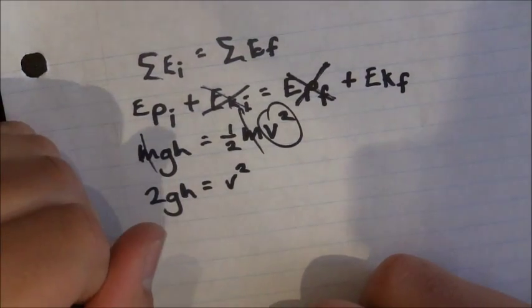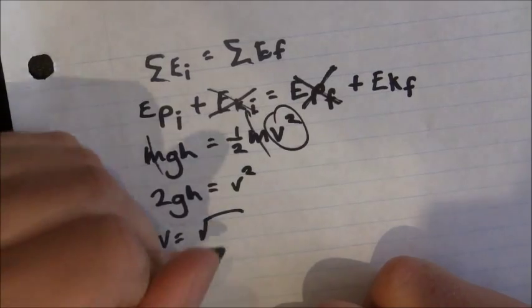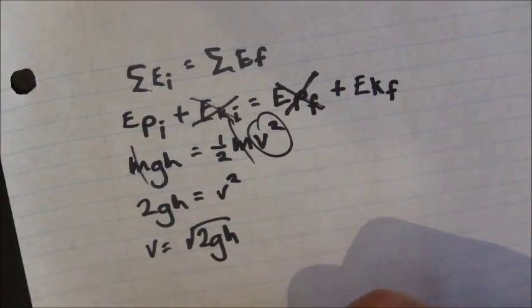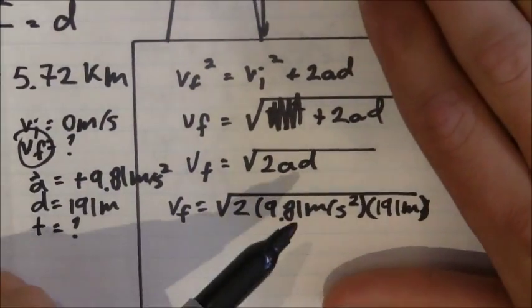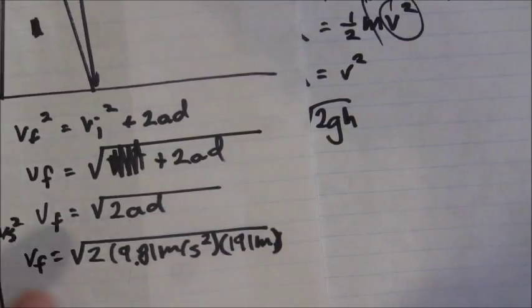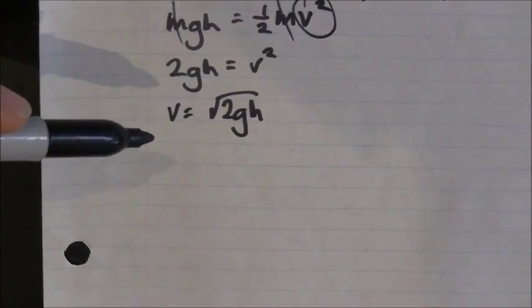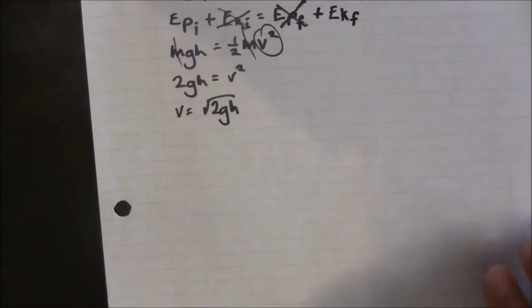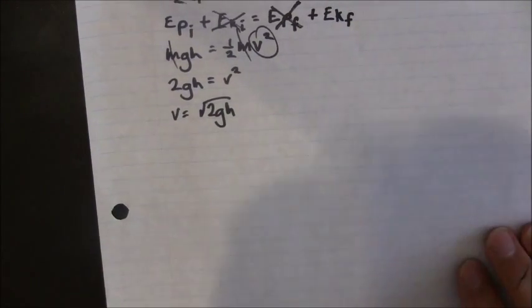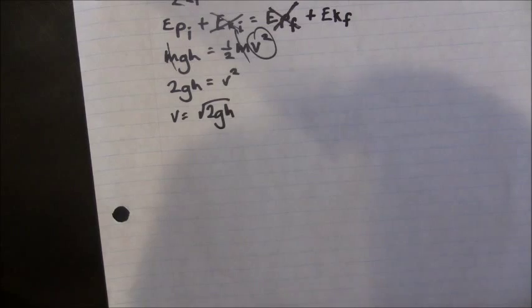So v is the square root of 2gh, and that's exactly what we had over here. 2ad, 2gh, because g and a are the same in this case, and d and h are the same. So you can plug it right back in. Velocity is the square root of 2 times 9.81 times the height, so 61 meters per second. So that is freely falling.